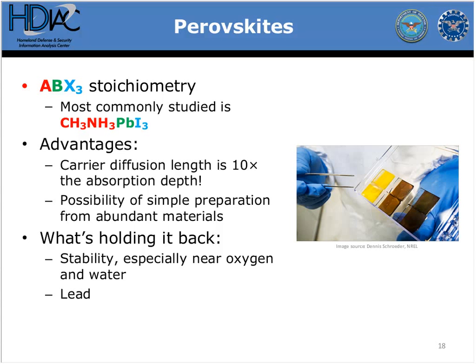And since their investigation, or their discovery in a solar cell in 2009 in Japan by Miyasaka, recorded efficiencies have massively improved. The original discovery, they published 3.8%. 6 years later, we hit 20%.